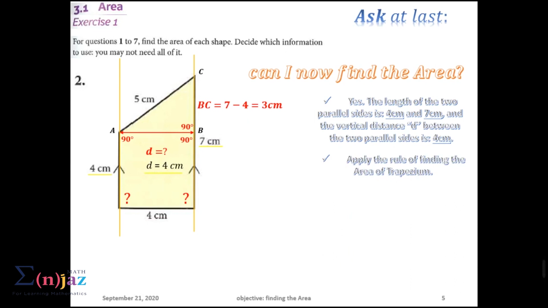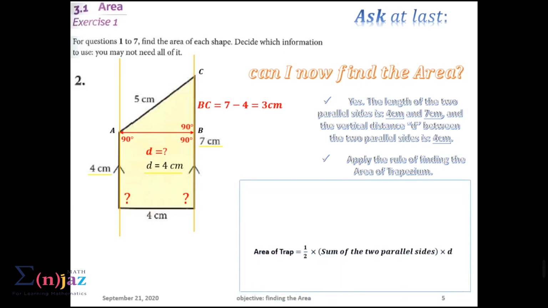Area of a trapezium is equal to 1 over 2 times, in brackets, the sum or the addition of the two parallel sides, times the distance between the two parallel sides.